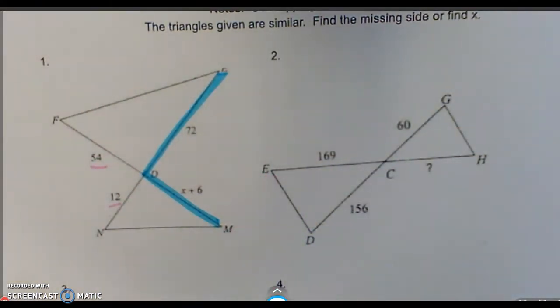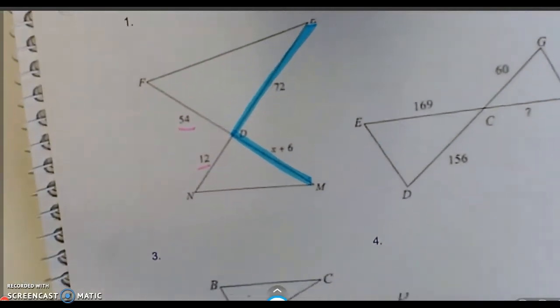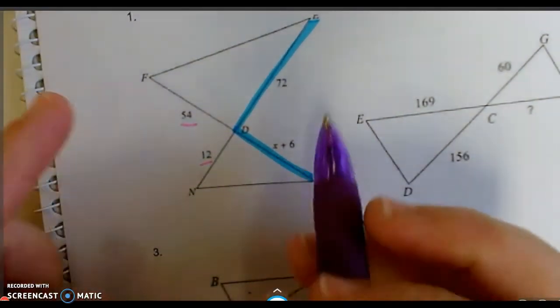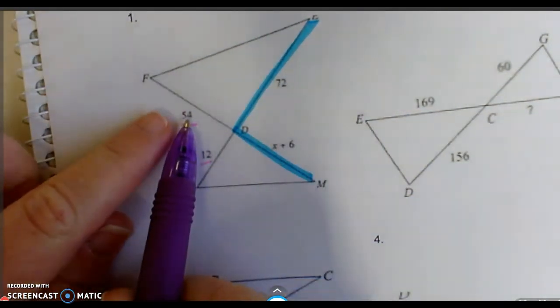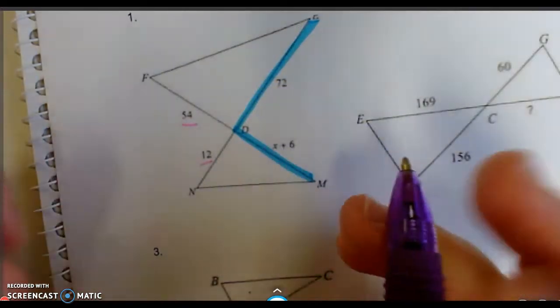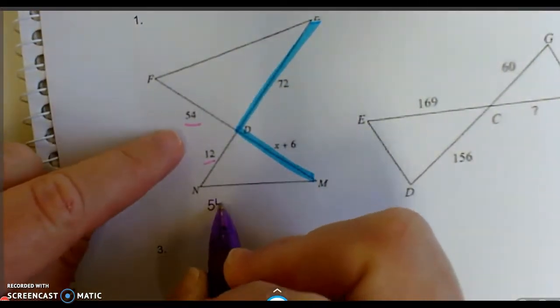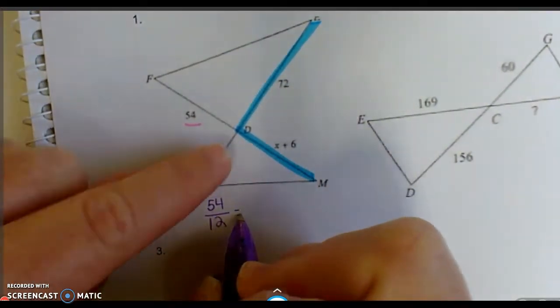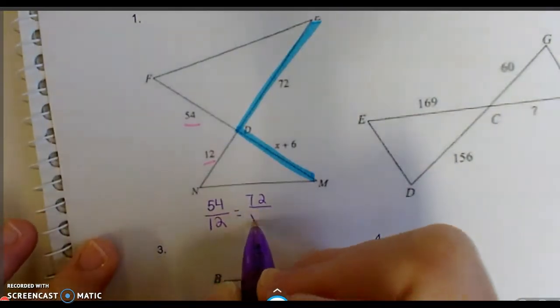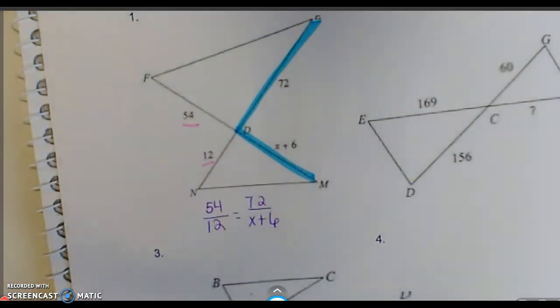After you figure out what corresponds, then you just make a proportion and solve. So remember, if you start here on one side, you've got to start here on the other side, however you want to do it. But I'm going to start here, 54 over 12. That means I start 72 over x plus 6. After you have it set up, you solve it exactly the way that we have been, using cross multiplication.